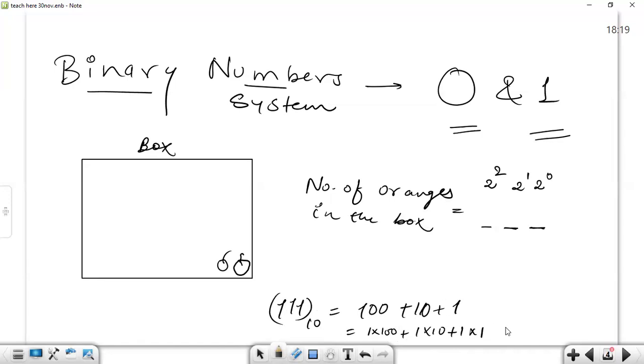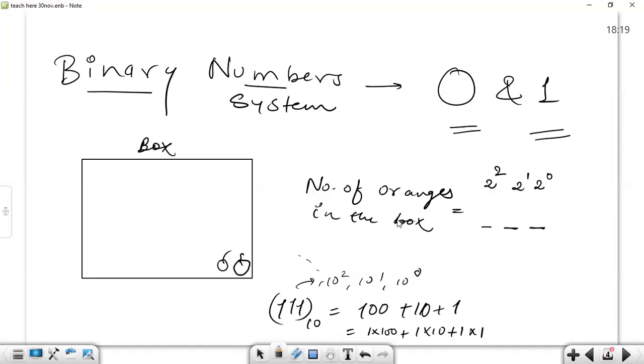So basically we were breaking down the sum into 10 raised to power 2, 10 raised to power 1 and 10 raised to power 0, and even higher exponents if required.